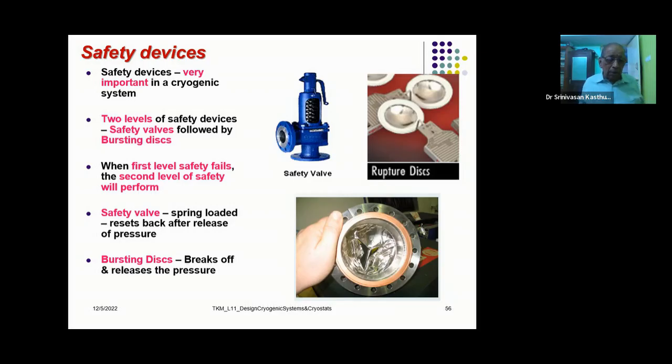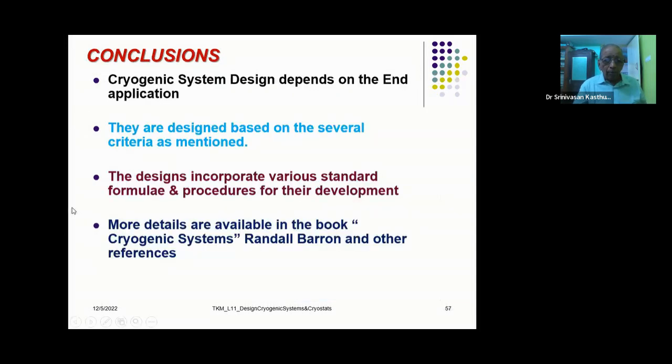But in case of leakage of cryogenic fluid into that, it expands and makes sure that it is punctured. You can see here the puncturing is shown. And in case it is damaged like that, then automatically one has to remove it and replace it by a new one.